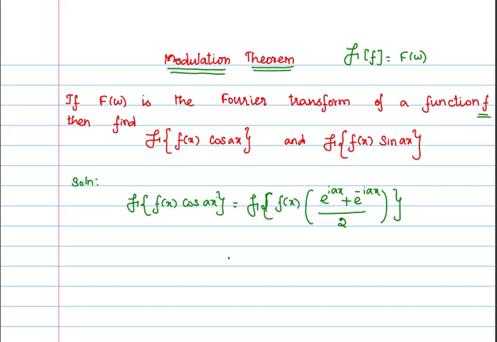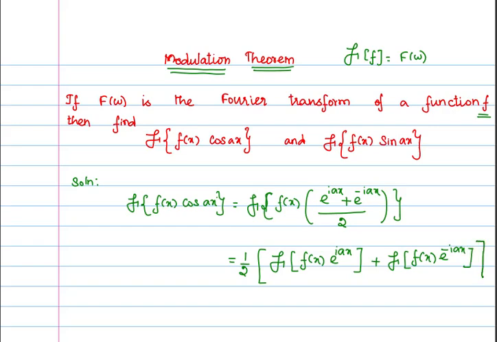Then we know that the Fourier transform is a linear transformation, so I can take 1 by 2 outside, and write the Fourier transform of f(x) times e^{iax} plus the Fourier transform of f(x) times e^{-iax}.